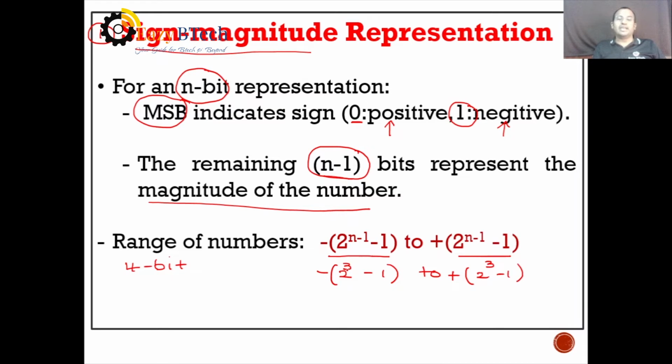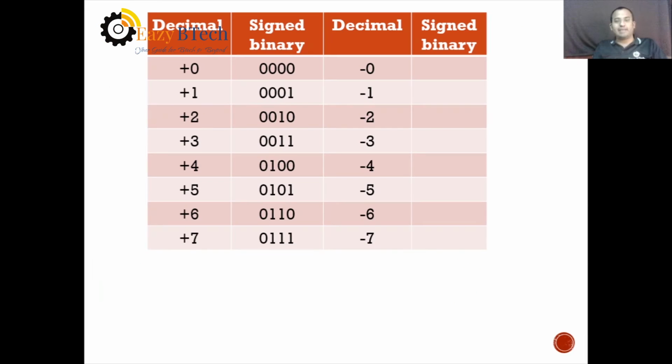That means 8 minus 1, minus 7 to plus 7. We can represent the numbers from minus 7 to plus 7. We will see the example.